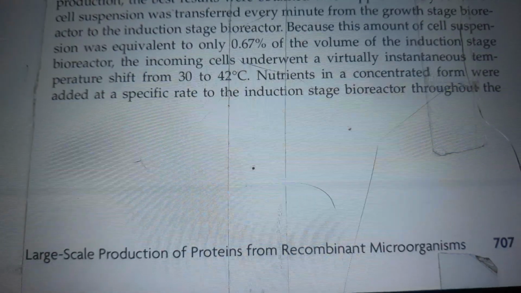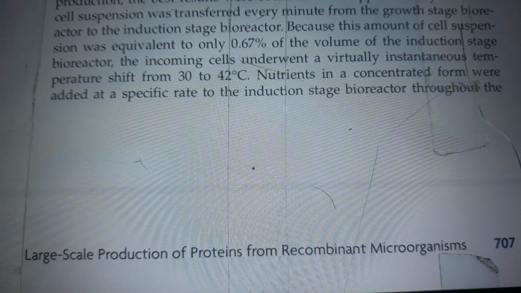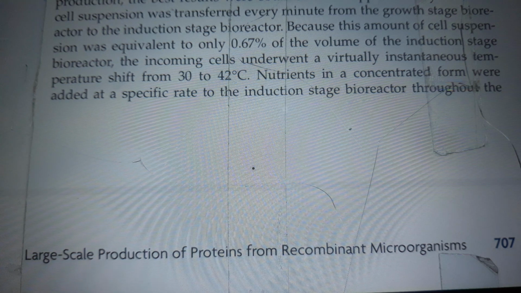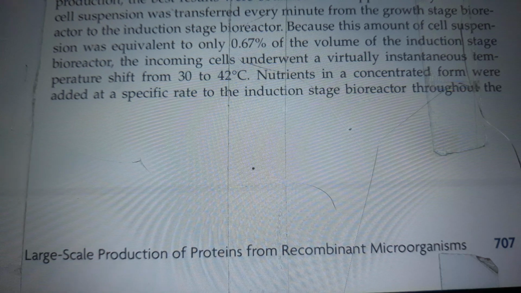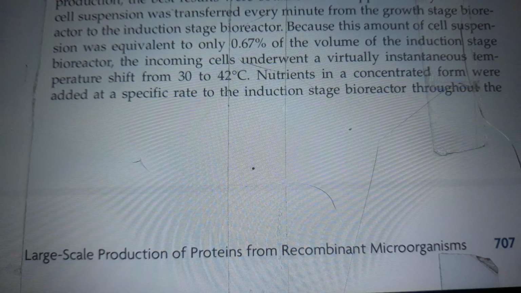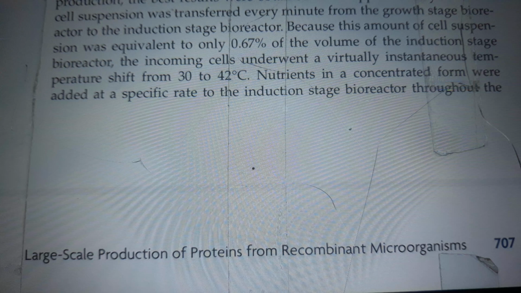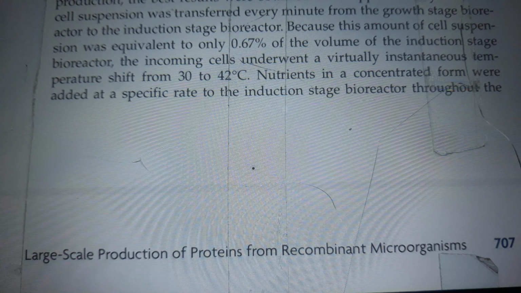For T4-DNA ligase production, the best results were obtained when approximately 33 milliliters of cell suspension was transferred every minute from the growth stage bioreactor to the induction stage bioreactor. Because this amount of cell suspension was equivalent to only 0.67% of the volume of the induction stage bioreactor, the incoming cells underwent a virtually instantaneous temperature shift from 30 to 42 degrees centigrade.